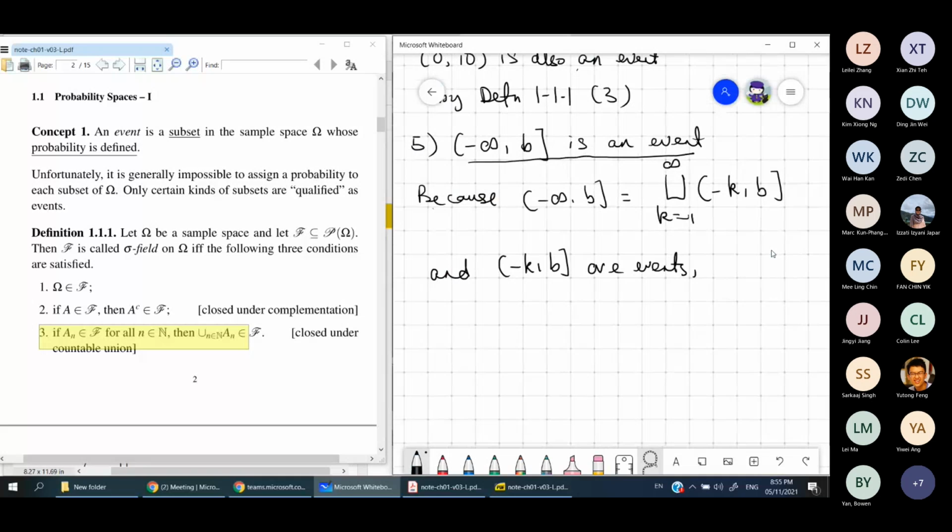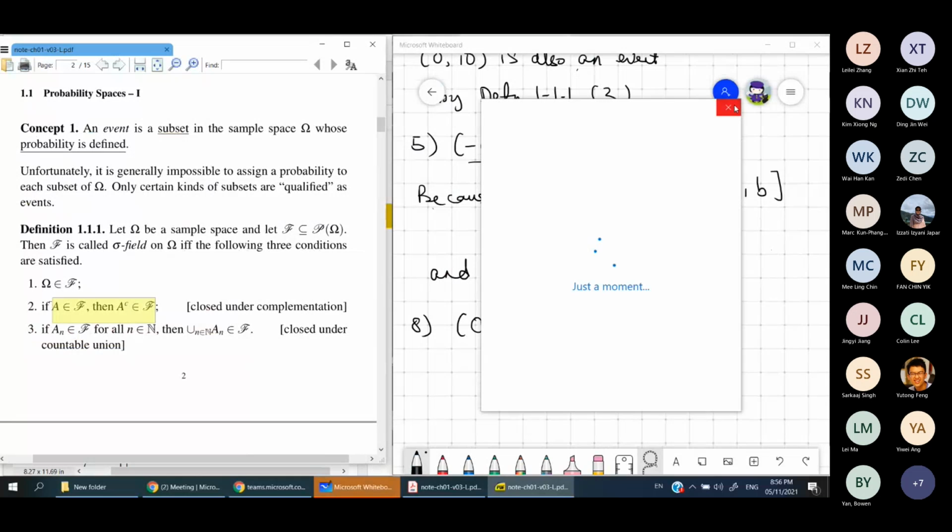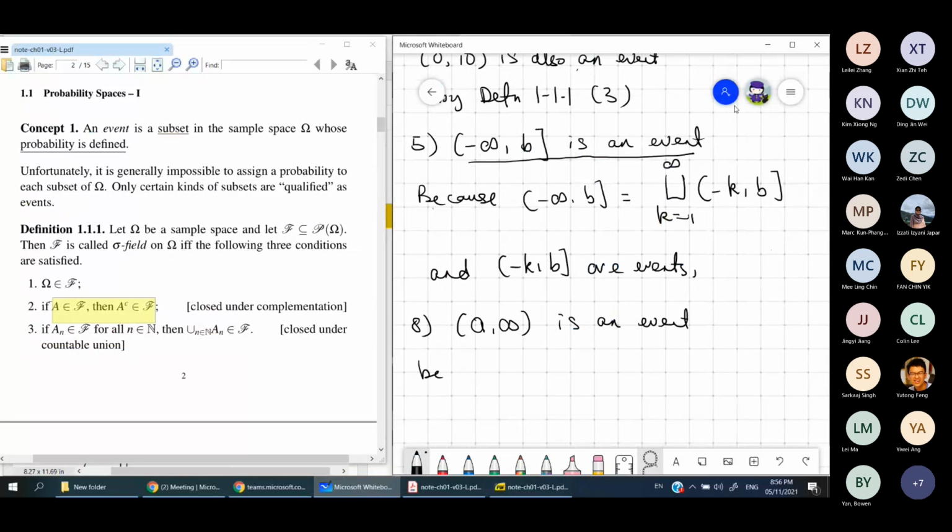And number 8 is this one. a to infinity is an event. Why? The reason is we can use these properties to do it.